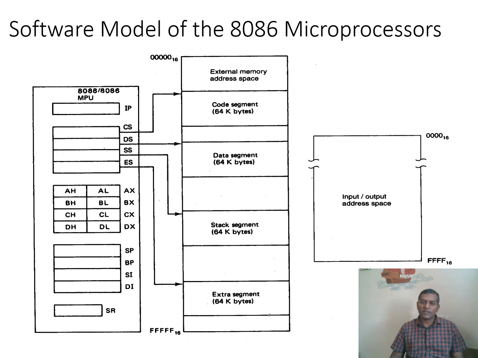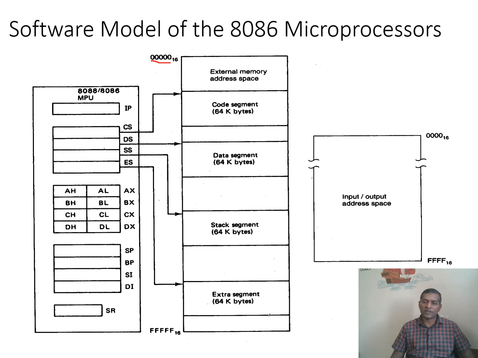Just now we were saying that registers like CS, DS, SS and ES, the code segment, data segment, stack segment and extra segment, allow the microprocessor to access the memory. This is a memory, and it starts from 0000. This is nothing but an index: 0000, then 0001, then 0002.